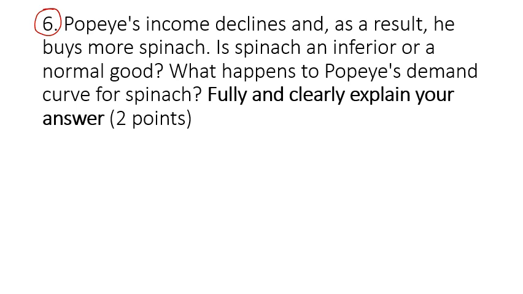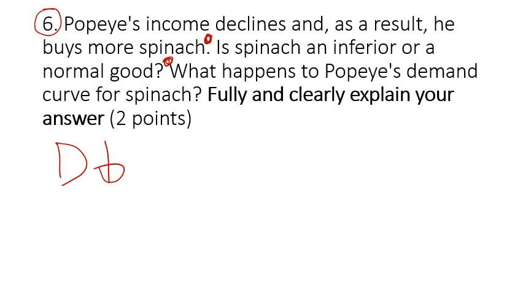Question 6. Popeye's income declines, and as a result, he buys more spinach. So is spinach an inferior or a normal good? All right. This is one part of the question. And the second part of the question is, what happens to Popeye's demand curve for spinach? So let's see. Popeye's income declines.